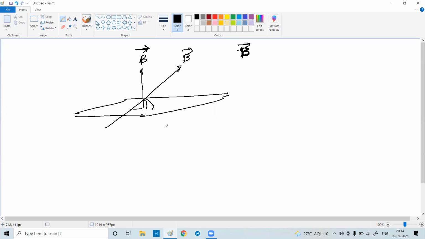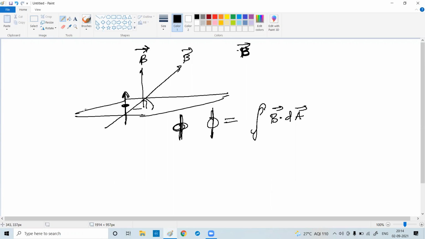So if I ask, what is the net flux passing through a surface? The magnetic flux is written as phi. Phi is equal to the integration of B dot dA. What is B dot dA? dA is the small area through which this B vector is going.